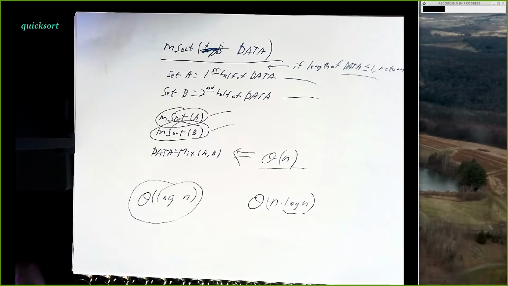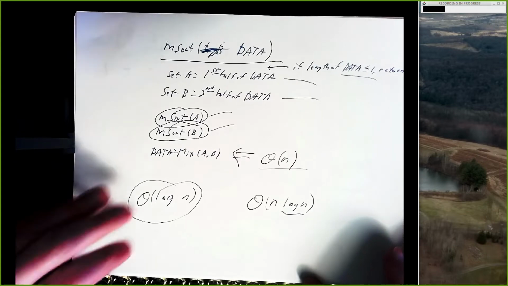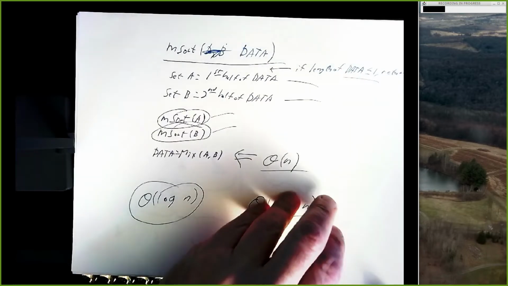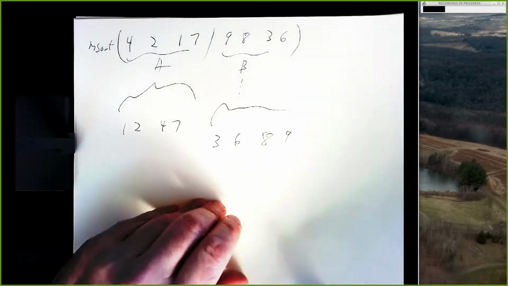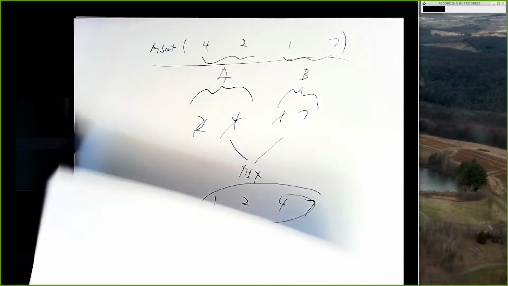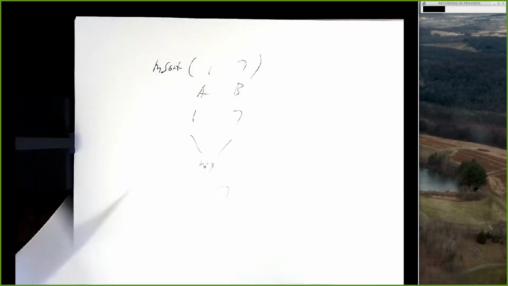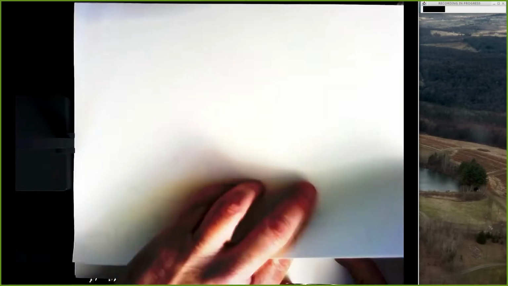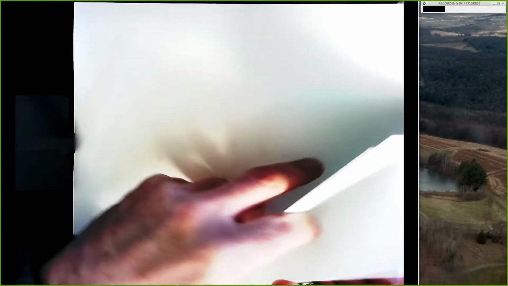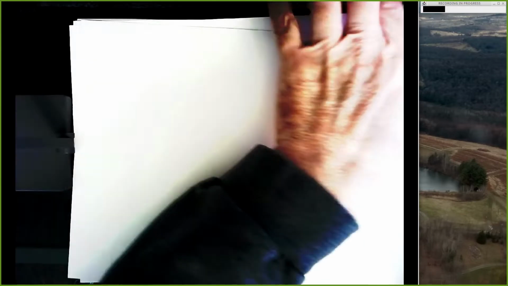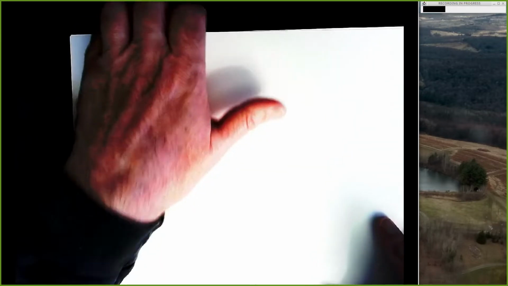This is something called quicksort, and quicksort is a quirky sort. So let me give you a set of data, and I'll tell you how quicksort is going to work.